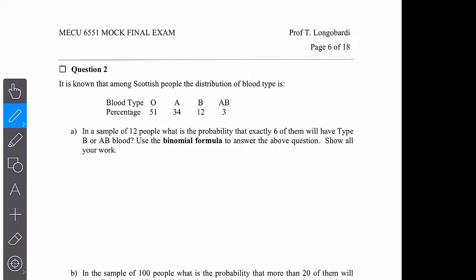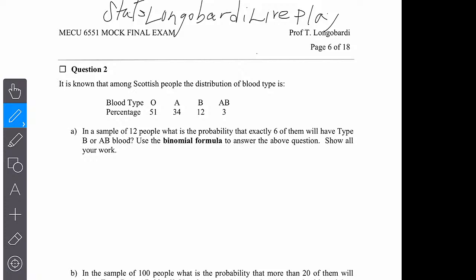Again, these are in the playlist, right? So make sure you check out the playlist, all the videos there review a number of problems, so these will look familiar.